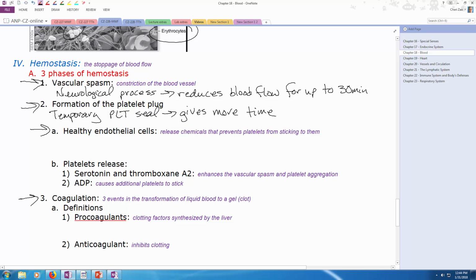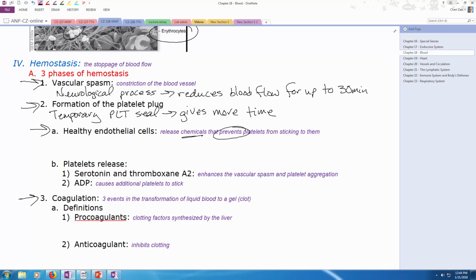If you have a normal intact endothelium, or lining of your blood vessel, those healthy cells are always releasing chemicals that prevent platelets from actually sticking to them. So they're releasing this, we'll call it a pseudo slime layer, that platelets will not actually adhere to or recognize.